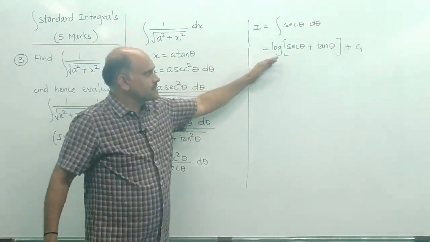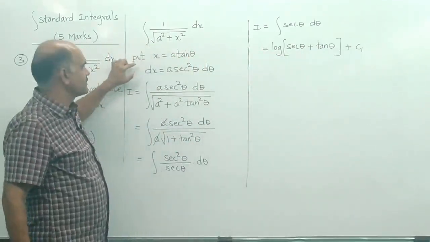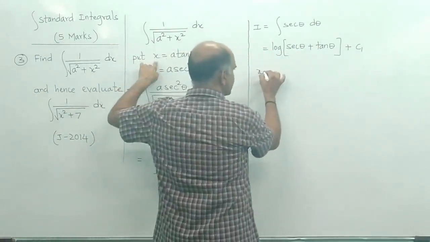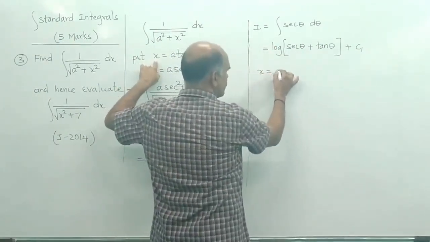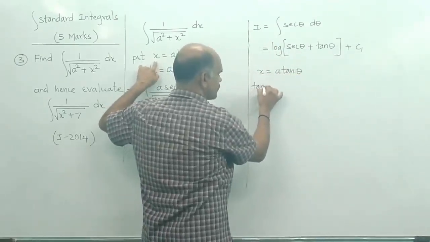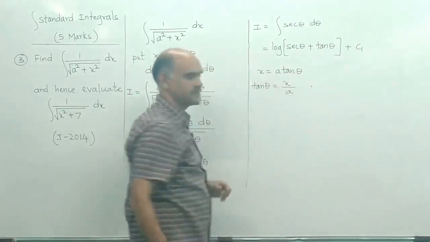Now again substitute secant theta and tan theta from whatever we have taken. So from this, x is equal to a tan theta. Therefore tan theta is equal to x by a. Correct, students?